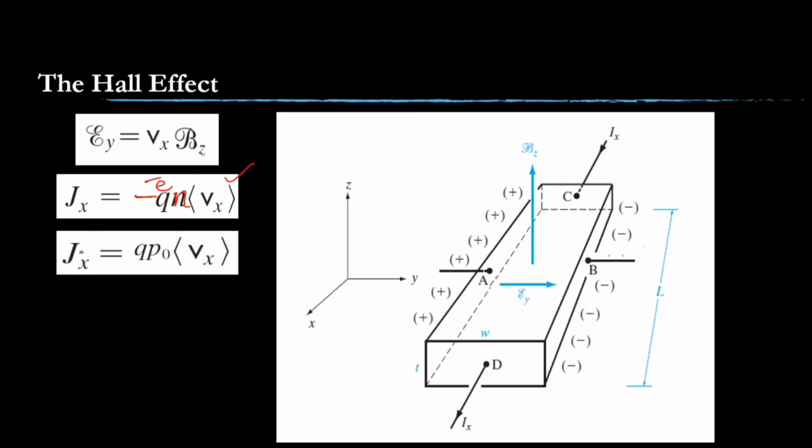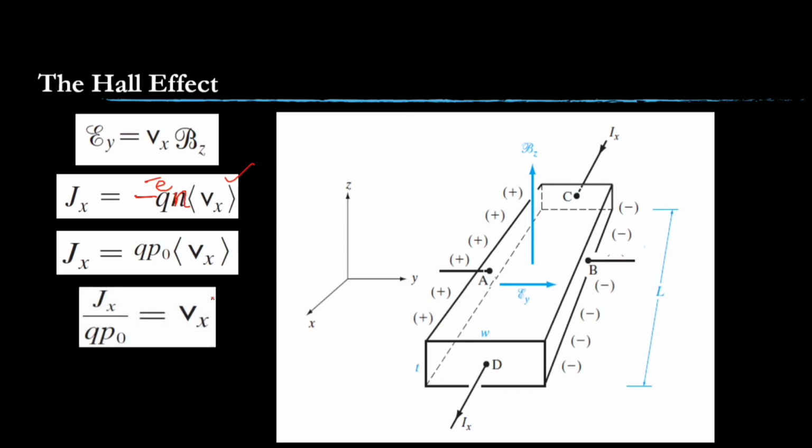So Jx, the current in the direction of x, is equal to Q, there is no minus sign because I am dealing with holes, and P0 is the concentration of holes, because holes are continuously moving inside with a constant concentration. That's why P0, and this is the average velocity of the holes in the direction of x.